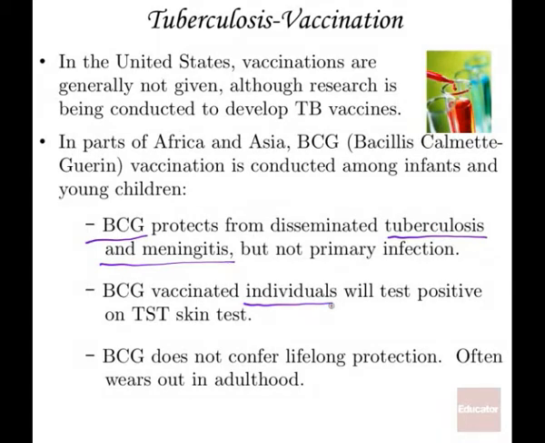So the CDC decided many years ago not to recommend BCG vaccination for individuals in the United States, because the incidence and prevalence of TB, as we have seen, is very low.